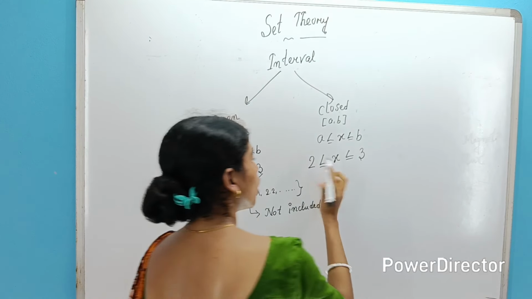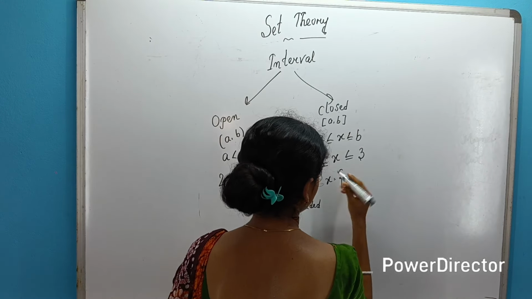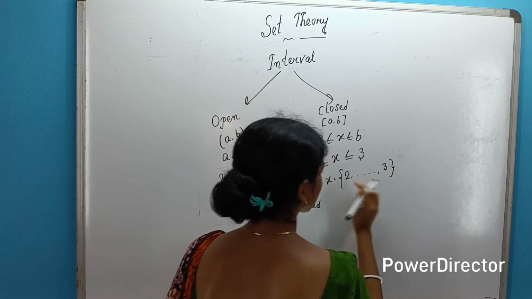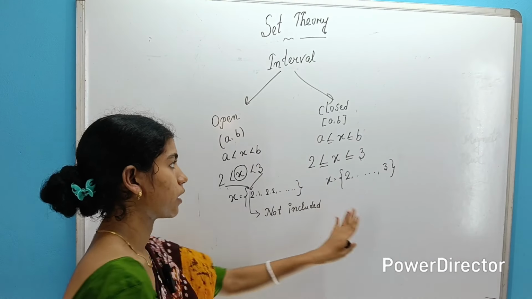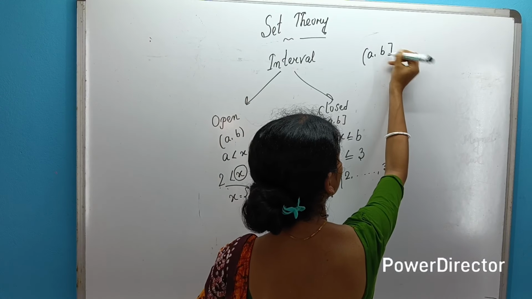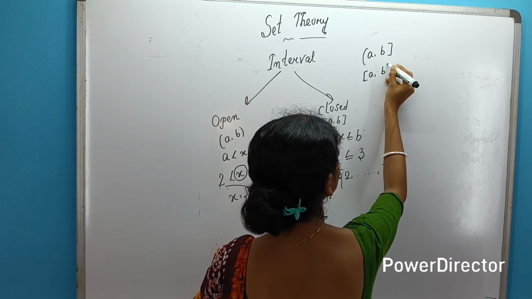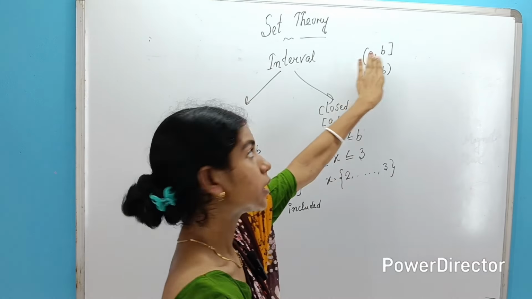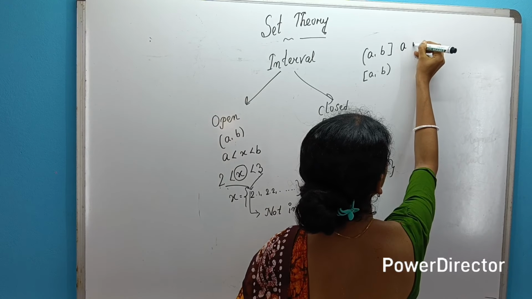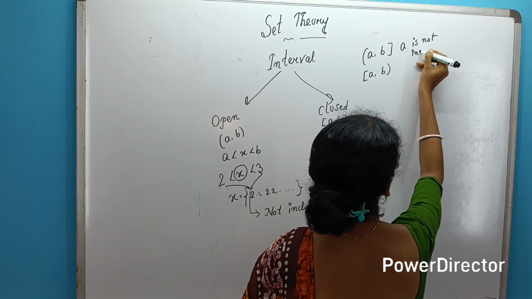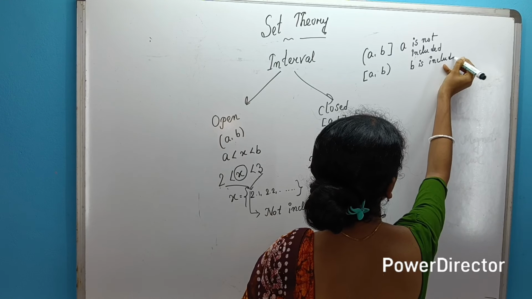But in a closed interval, the value of x can be 2, those middle values, and 3. 2 and 3 will be included in that set. Now, this first bracket means a is not included, b is included.